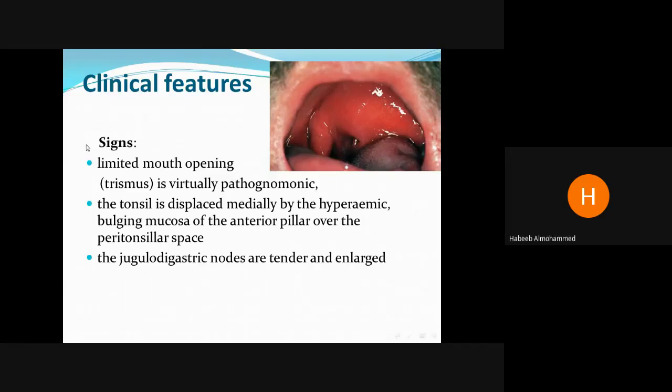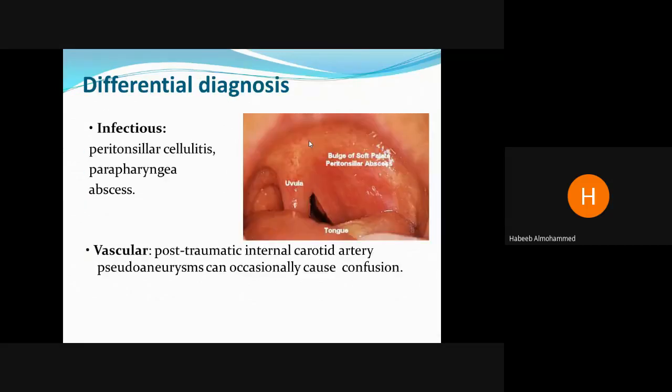This is a picture showing huge inflammatory edema and swelling superior to the tonsil, pushing the tonsil, with edema of the soft palate, pushing to the other side. Bulging of the soft palate in peritonsillar abscess, and this is a unilateral peritonsillar abscess.